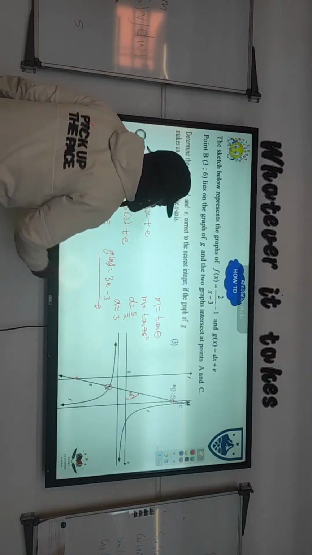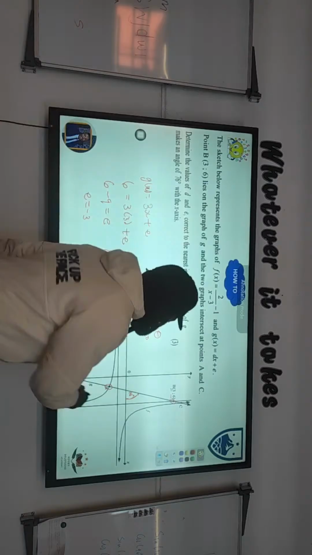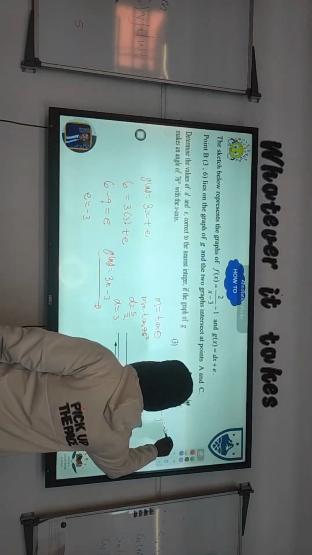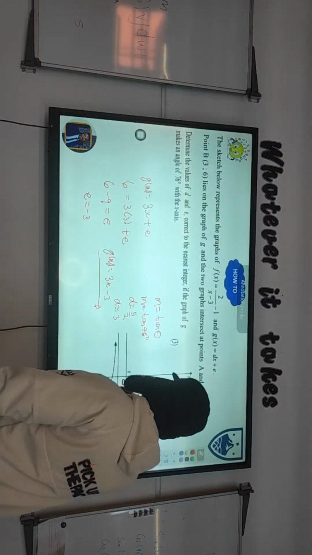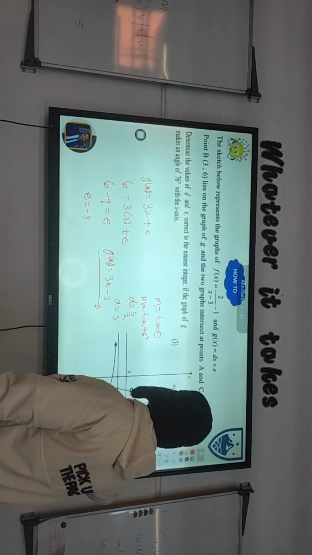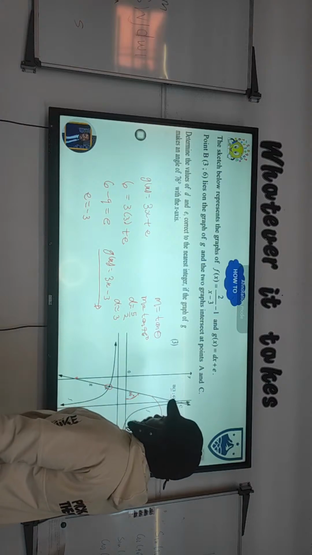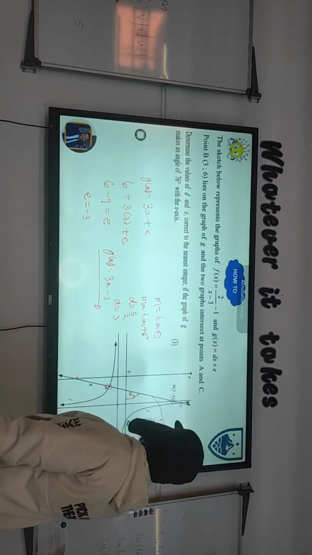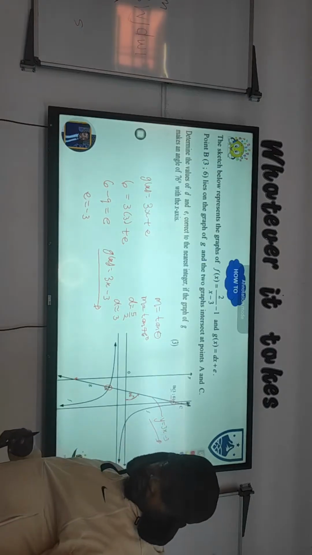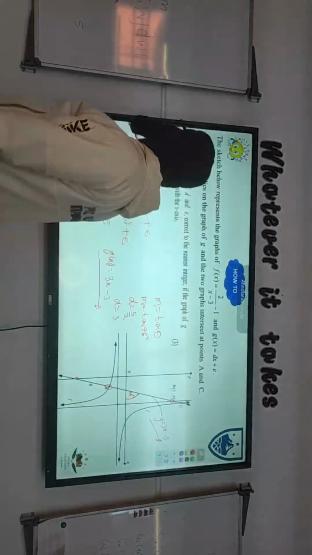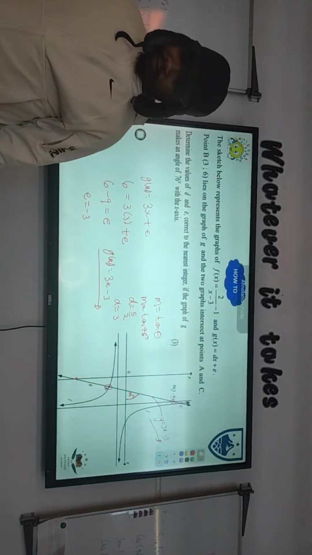That's the equation of this straight line. y is equal to positive 3x minus 3. Straightforward questions. Hope it makes sense to everyone.